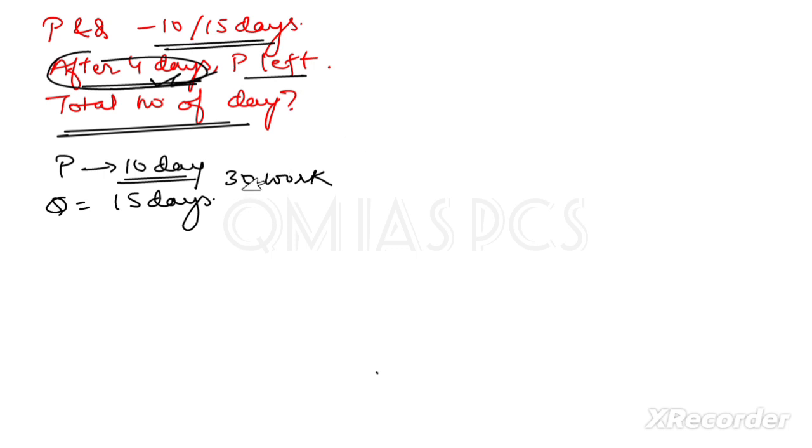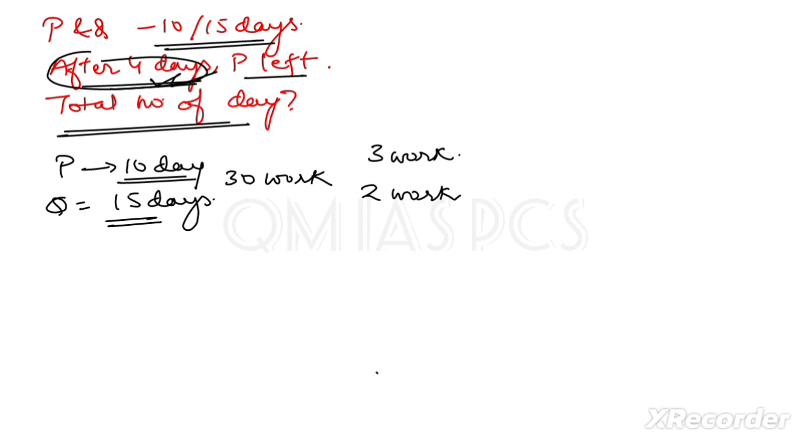It will be 30 divided by 10, so that is 3 work. So 3 work is done by P in one day. Similarly for Q it will be 30 divided by 15, that is 2 work. Obviously, the efficiency of P is more.